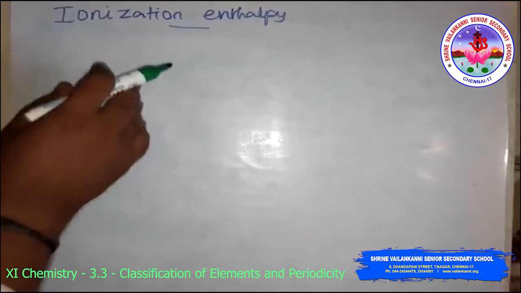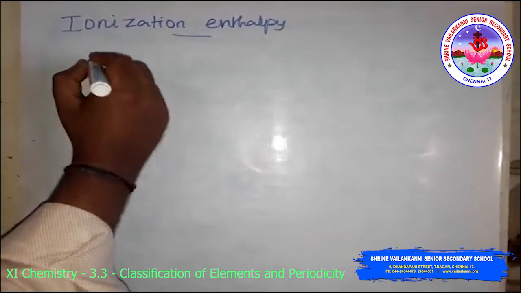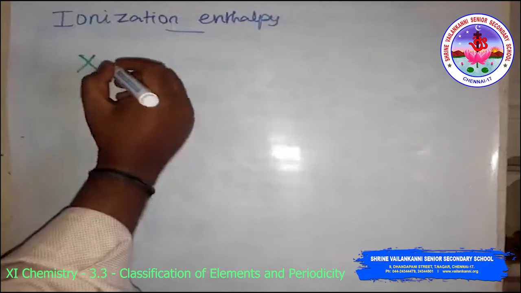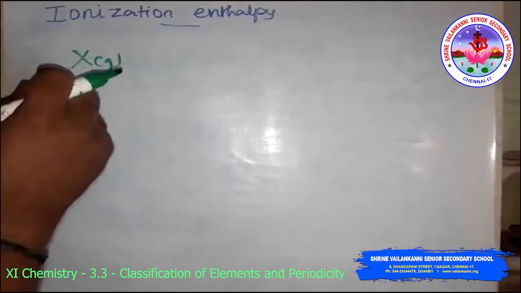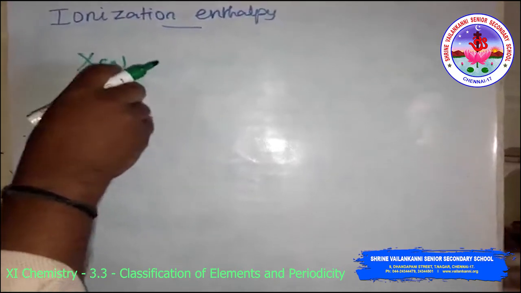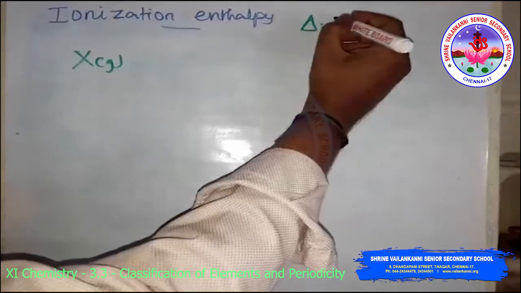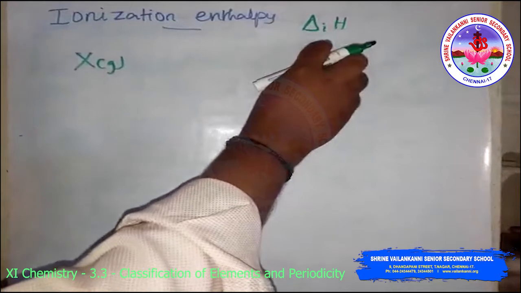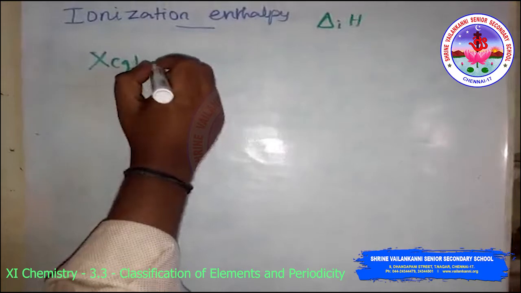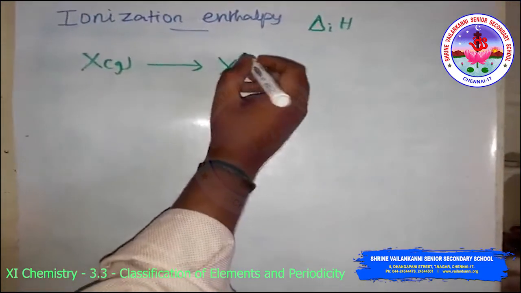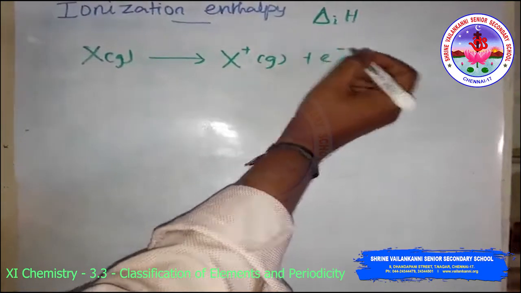It is the energy required to remove an electron from an isolated gaseous atom, that is, an isolated gaseous atom X(g). The first ionization enthalpy for element X(g) is the enthalpy change, delta iH, for the reaction in which one electron is lost from X(g).